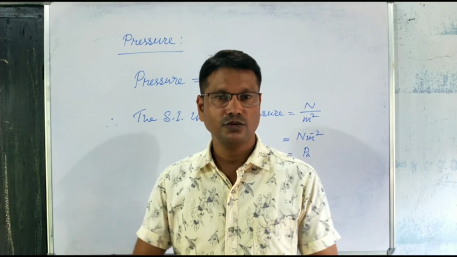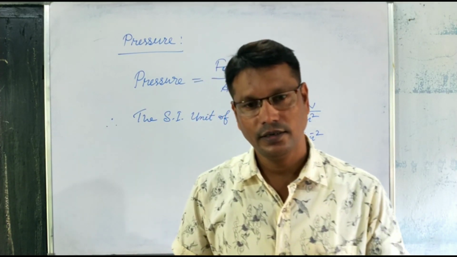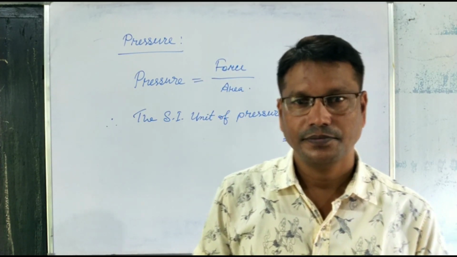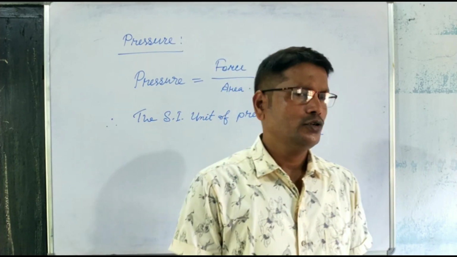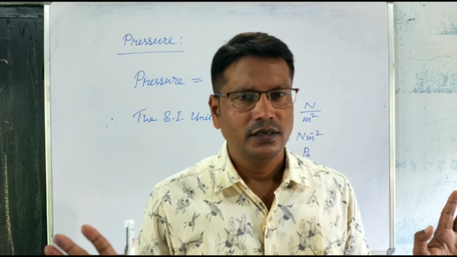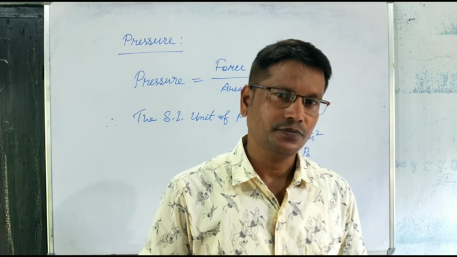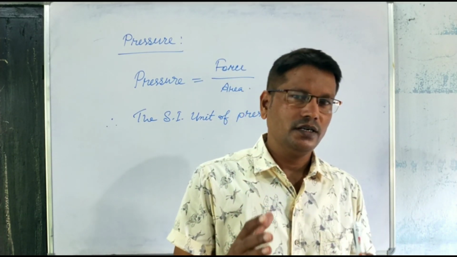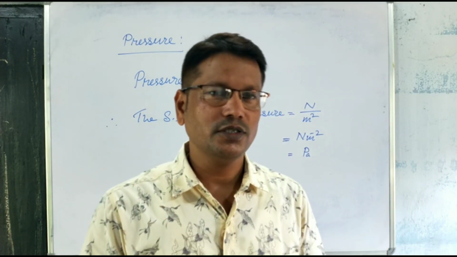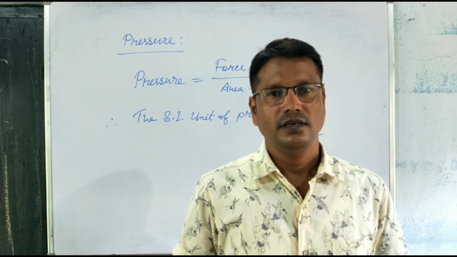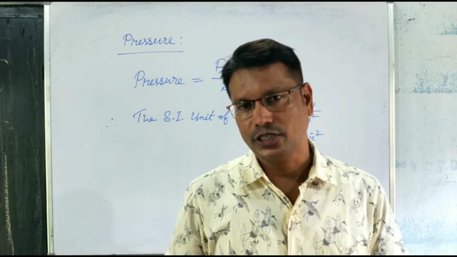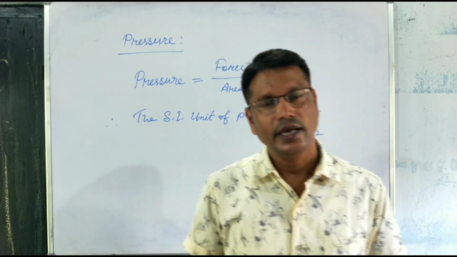So these gases together constitute our atmosphere. So the atmosphere is a mixture of gases, so it can exert pressure. And the pressure exerted by the atmosphere is called atmospheric pressure. Clear?